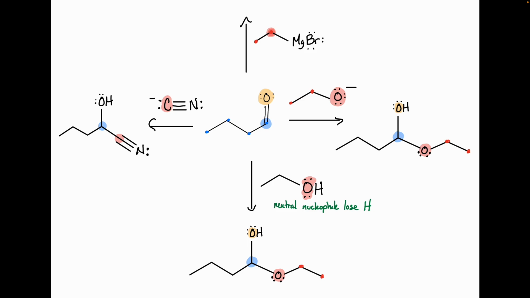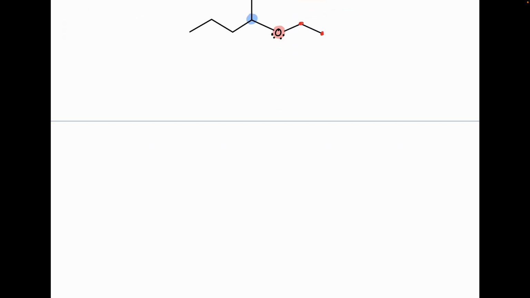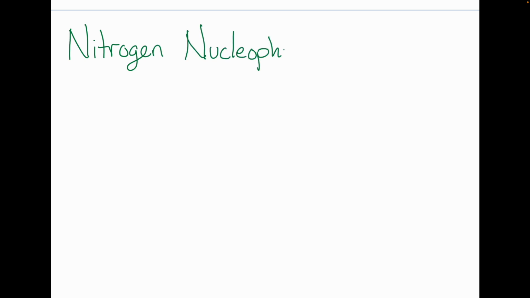And that's because we're going to put it in a different category in our brains here. These are our nitrogen nucleophiles. All right, this is one way in which these nucleophilic addition reactions really differ between aldehydes and ketones and our epoxides that we studied last chapter.